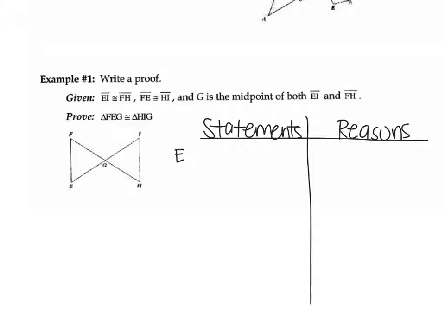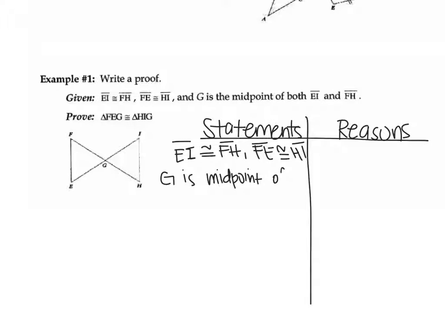We know that EI is congruent to FH, FE is congruent to HI, and we know G is the midpoint of EI and FH.